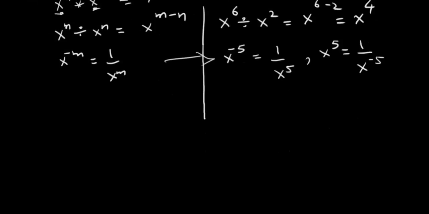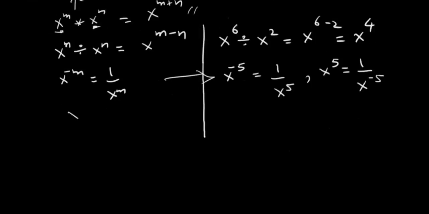And another rule would be x to the power 0. It will always be 1. X to the power 0 or y to the power 0 or any algebraic variable, when 0 is the power, then the answer will be 1.